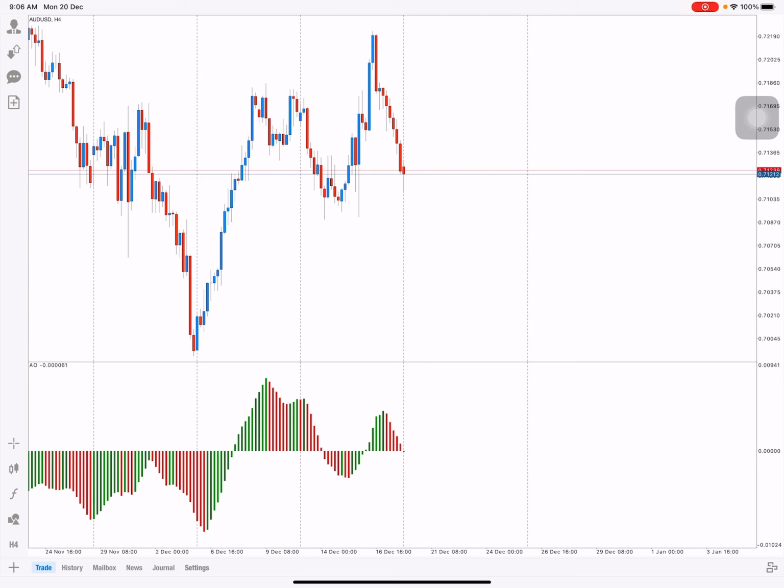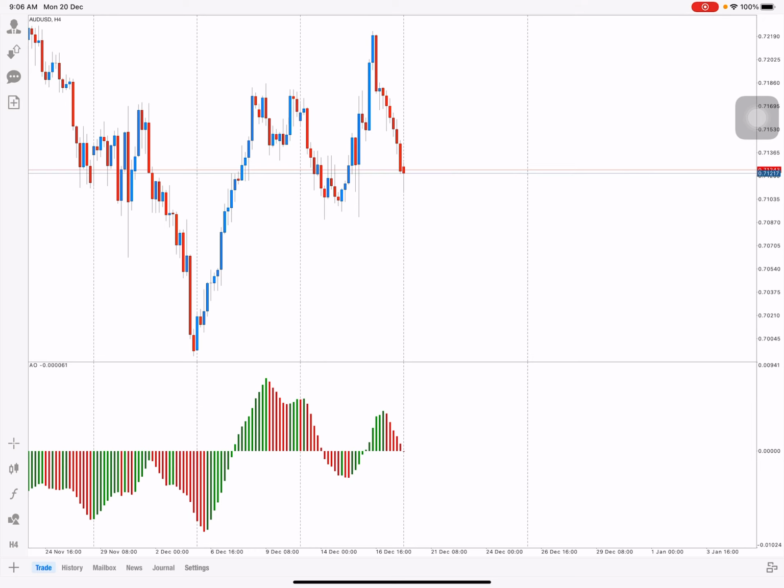So this week I will be looking at one of the currency pairs, which is Australian dollar, US dollar. So it seems to be a little bit interesting here. Why am I looking at Australian dollar, US dollar for this particular currency?